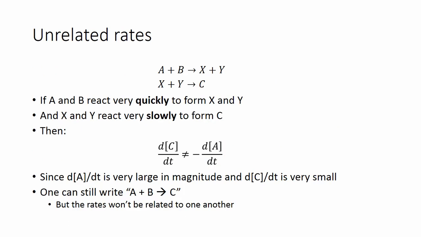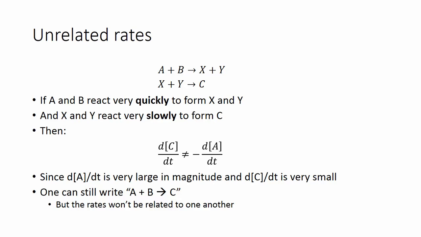If we have these unrelated rates, say A and B reacting very quickly to form X and Y, and then X and Y reacting very slowly to form C, then the change in the concentration of C over the change in time is not equal to the negative change in the concentration of A over the change in time. This is since dA/dt is very large in magnitude and dC/dt is ultimately very small.